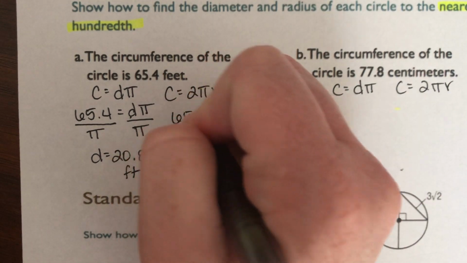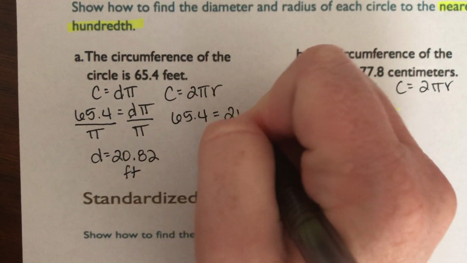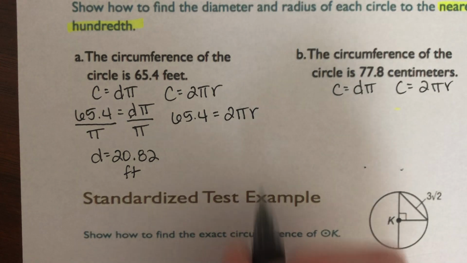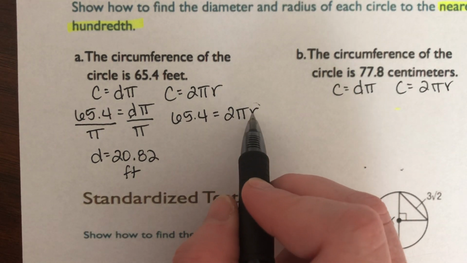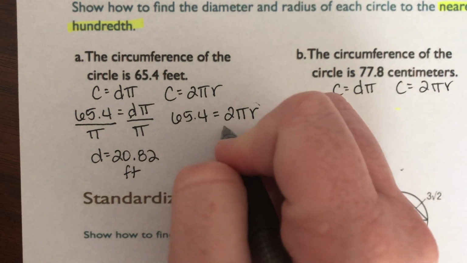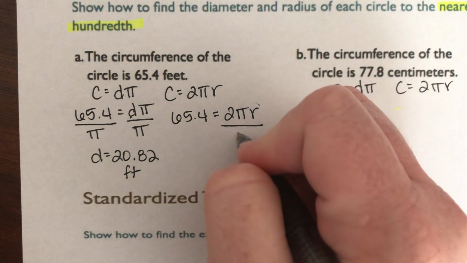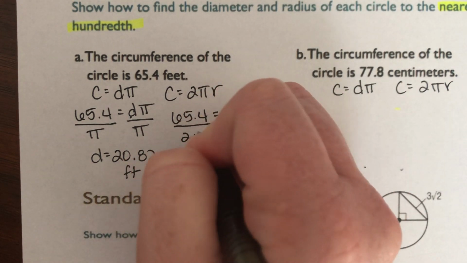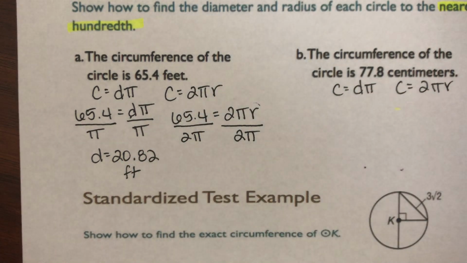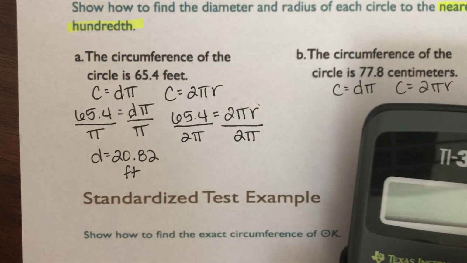Then we want to find the radius. So 65.4 equals 2 pi r. I'm trying to get r by itself. Right now it's r times 2 pi. So to get rid of times 2 pi, I'm going to divide by 2 pi, and I have to do the same thing over here. Now here I am going to round because I can't work backwards in my calculator.